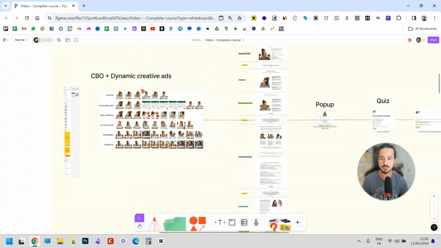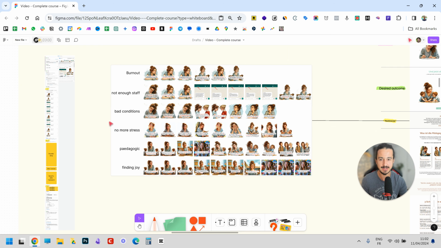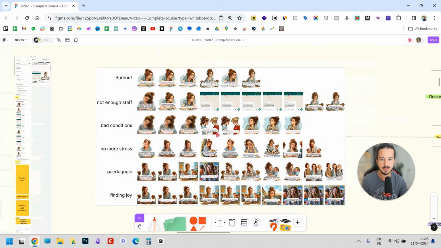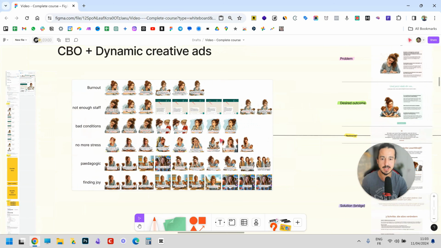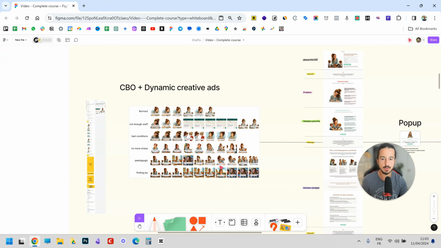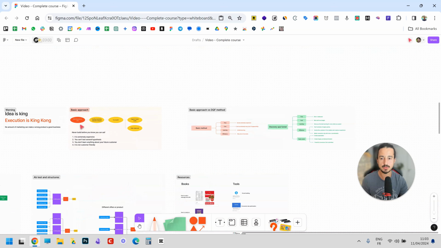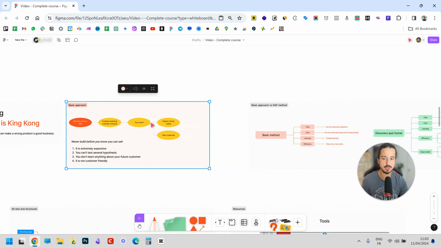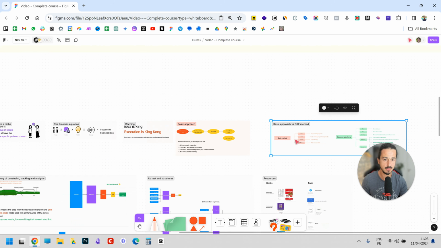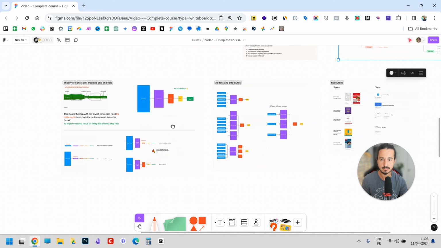I just want to dig a little bit deeper on the ads because I went too fast on this part at the beginning of the video. I want to show you how I make these images and how you structure the creation of the campaign. And I want to touch a little bit about the difference between a basic approach to build a business versus this method I'm going to show you.